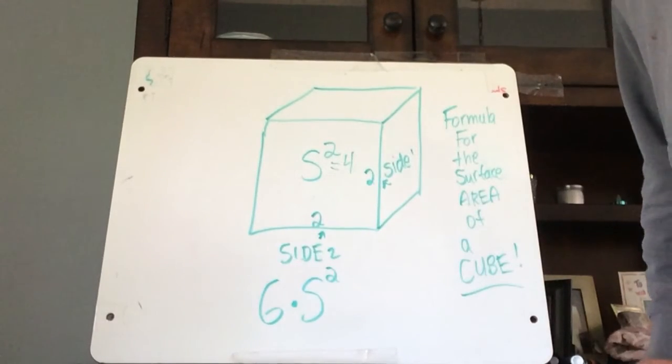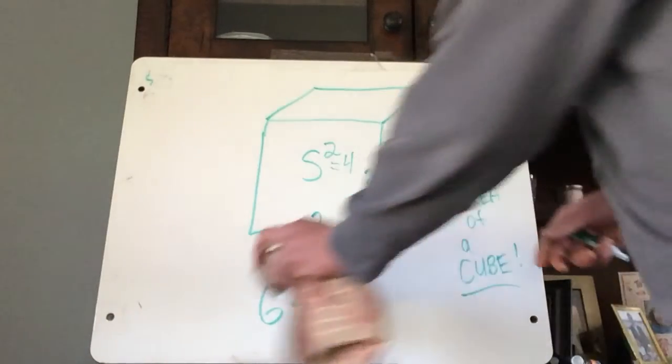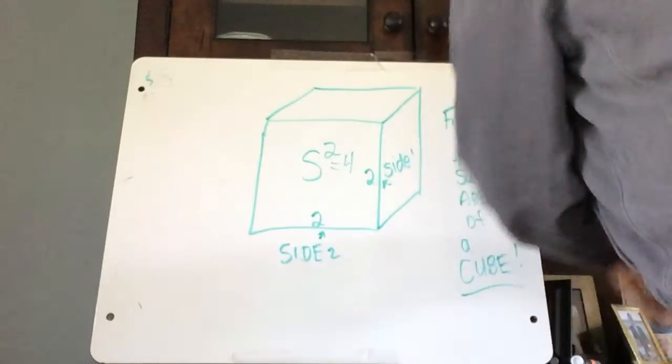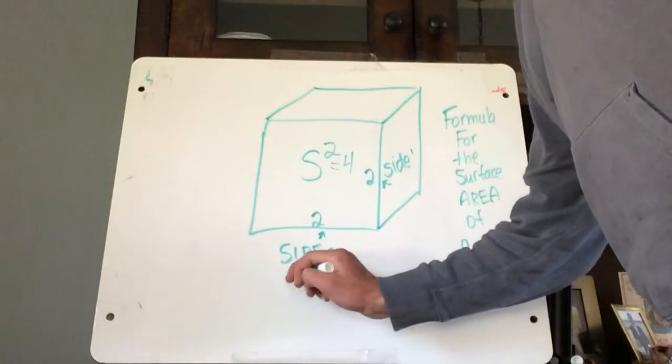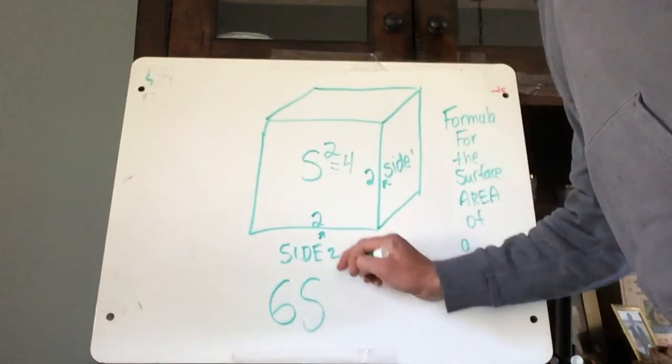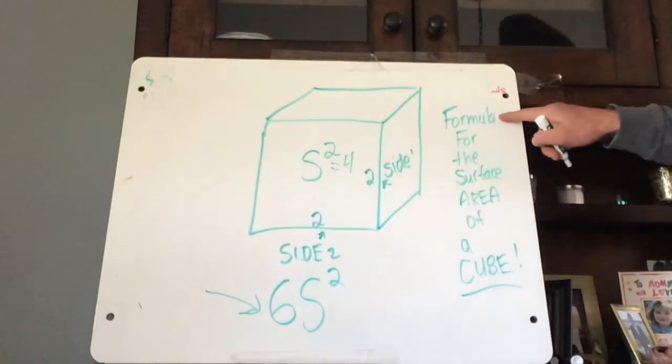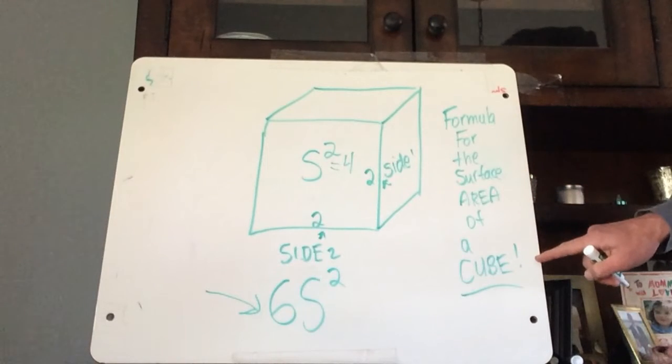I can make it even prettier. Six times side squared. There is your formula for the surface area of a cube.